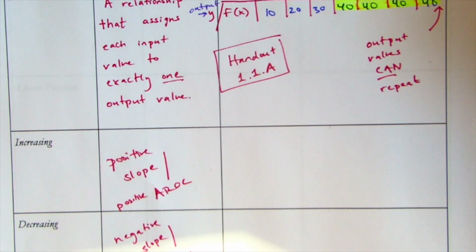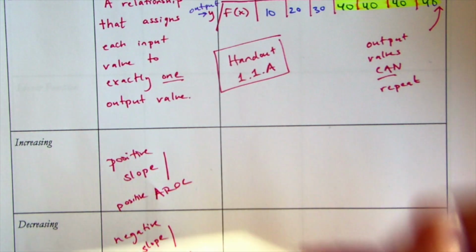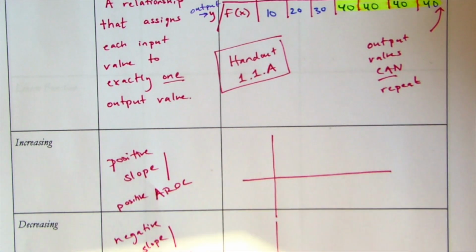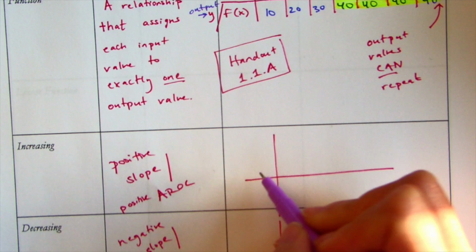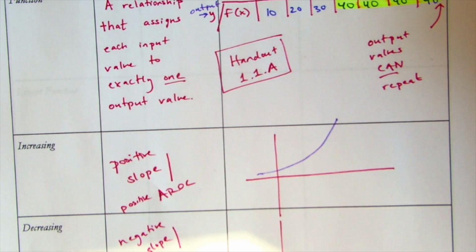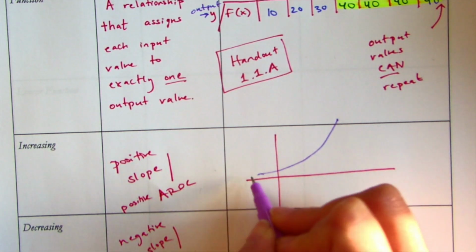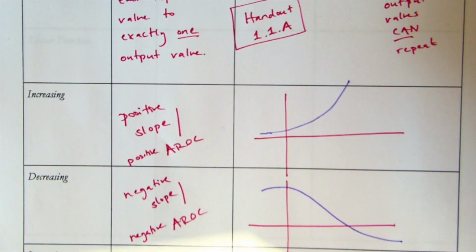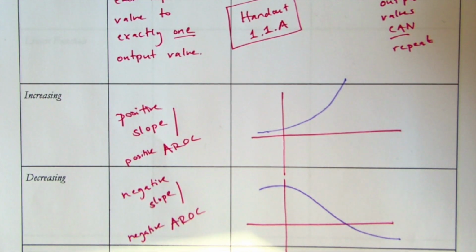So an example would be, let's draw a picture. An increasing function might look something like this. A decreasing function might look something like that. And just to be very specific, we talked a little bit about intervals here.